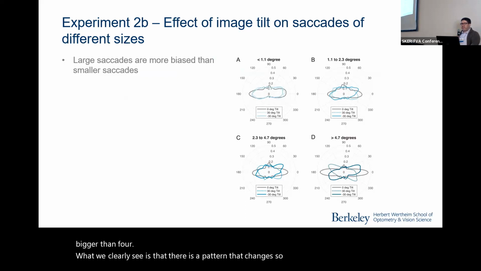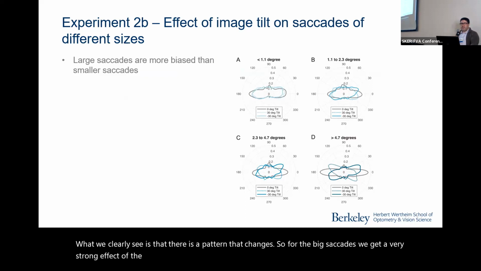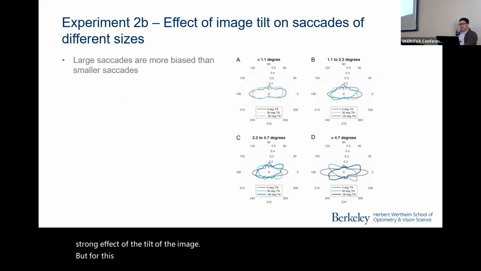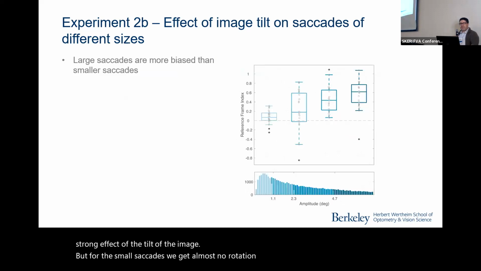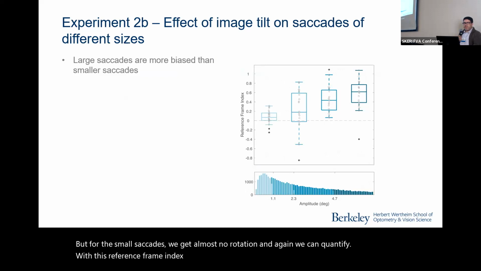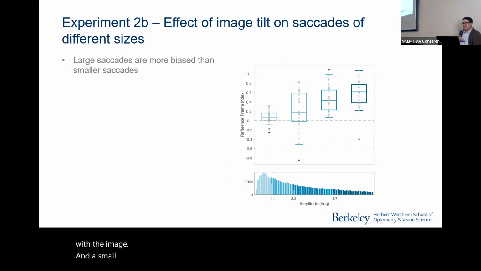So for the big saccades, we get a very strong effect of the tilt of the image. But for the small saccades, we get almost no rotation. And again, we can quantify with this reference frame index, where 0 means aligned with the head and 1 means aligned with the image. And small saccades remain aligned with the head, but big saccades align more and more with the image.